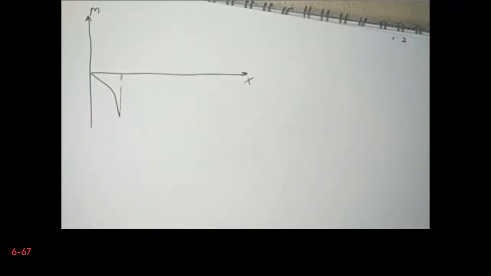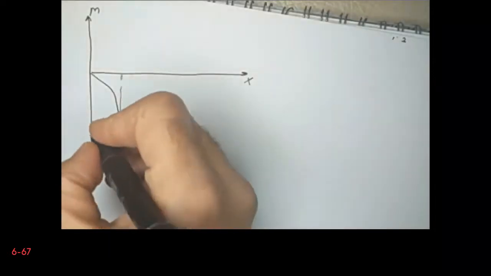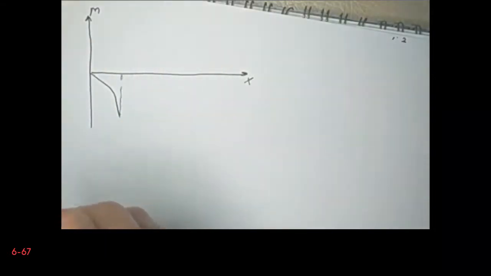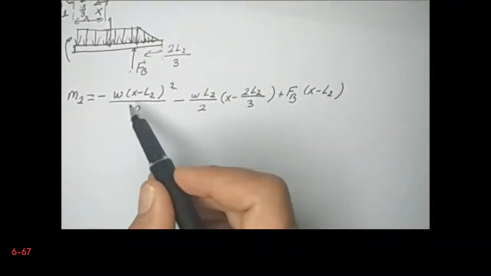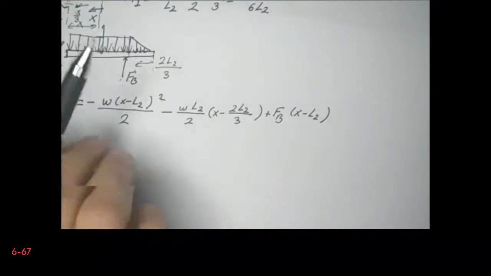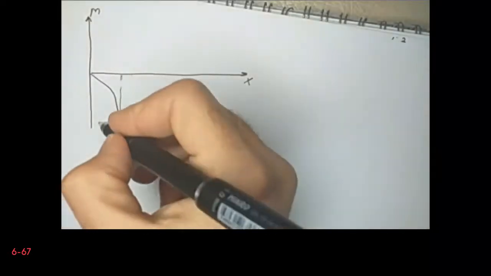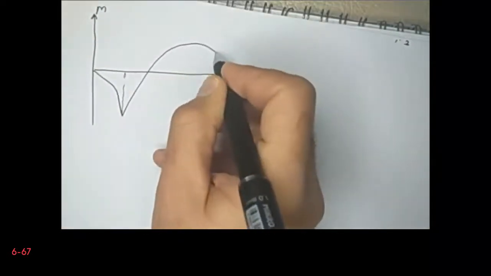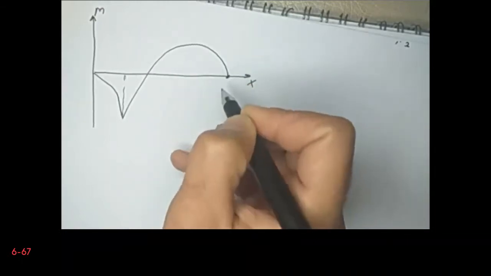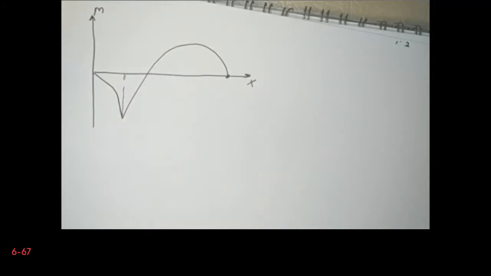Then in the second part, moment increases, and as you see from the equation, it's parabolic, and in fact it goes up, and it becomes zero at the point A, since there is no moment coming from the support.